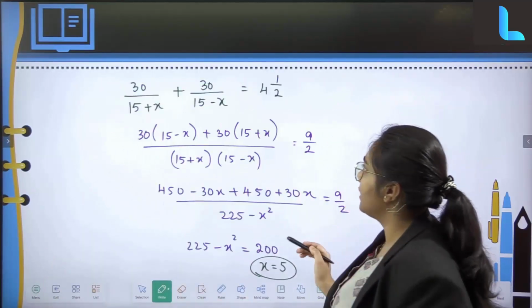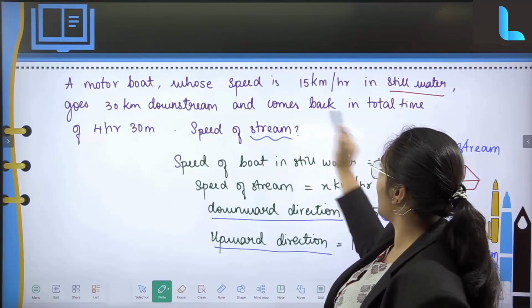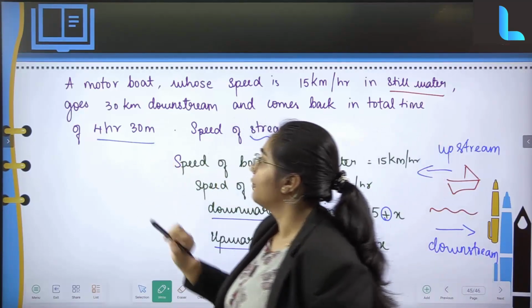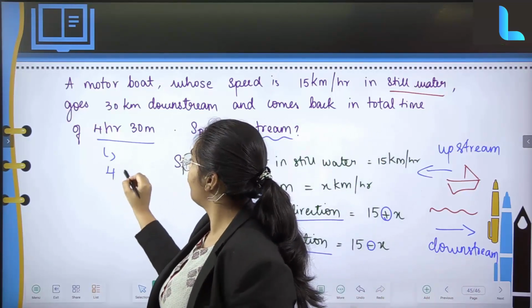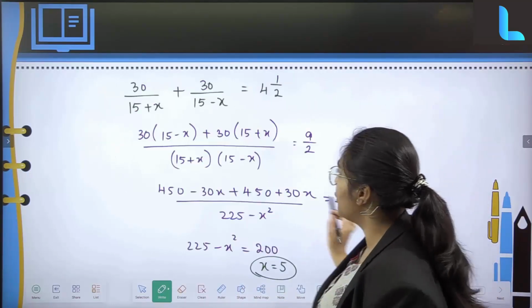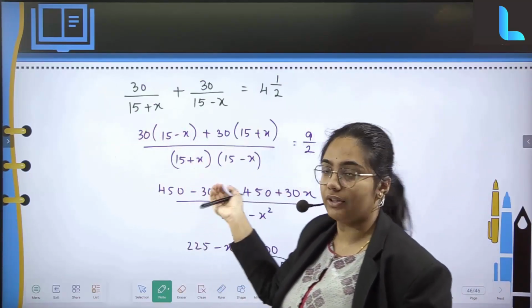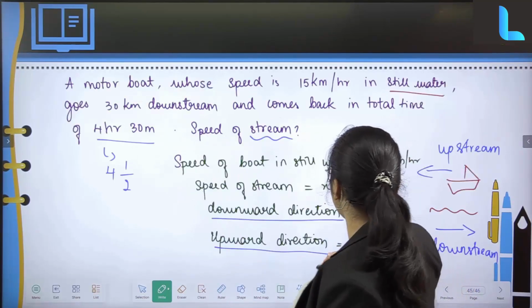So now, what is it they have given over here? They have said that it comes back in total time of 4 hour 30 minutes. When I'm converting this to hour, it becomes 4 into 1 upon 2. Right. So now, both of it, the upstream and downstream, this is 30. How did I get this 30 divided by?